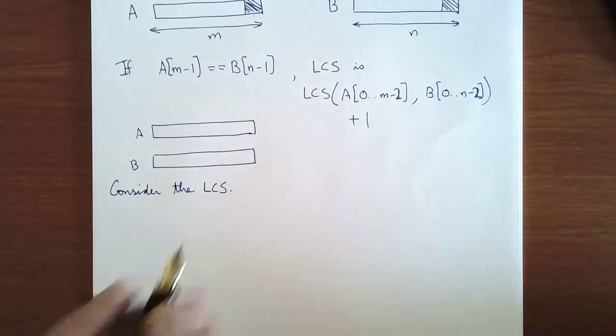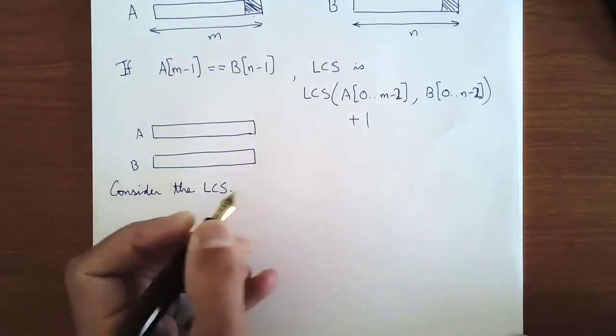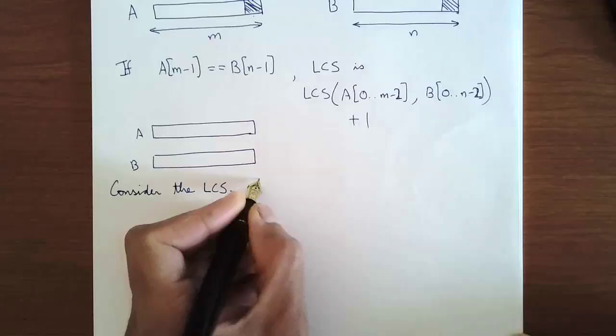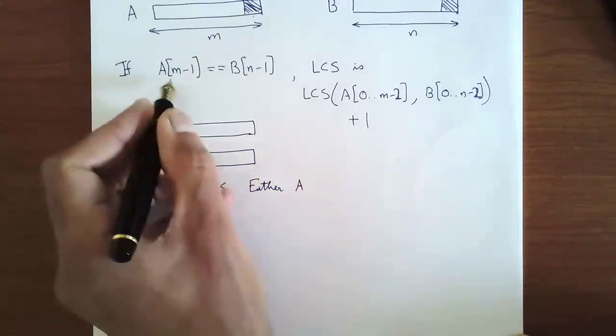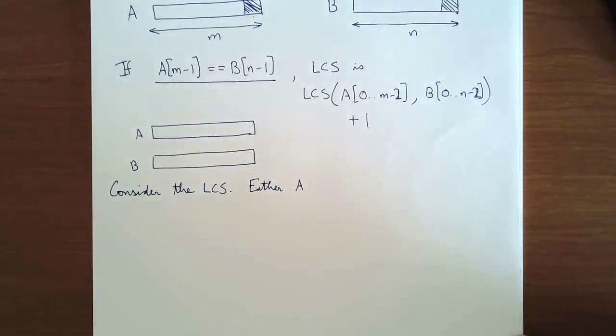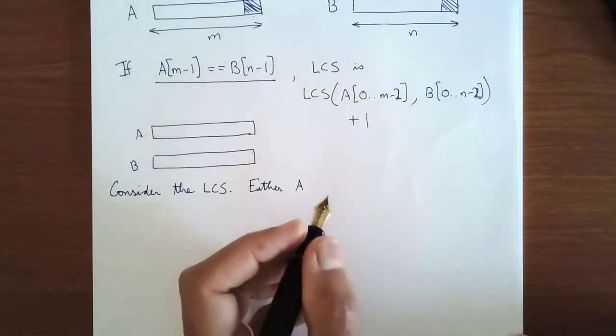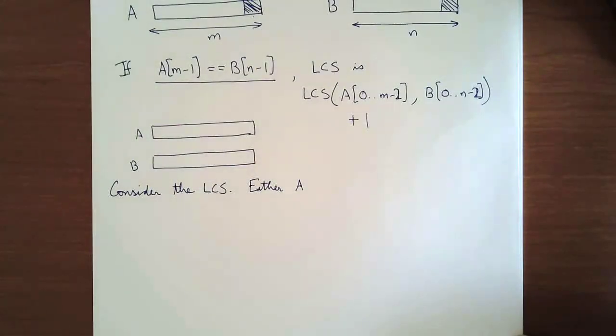Now, what I'm going to say is either, so I'm looking at this situation where the last characters are actually the same. Last characters are the same. By the way, LCS is longest common subsequence, not substring, longest common subsequence.